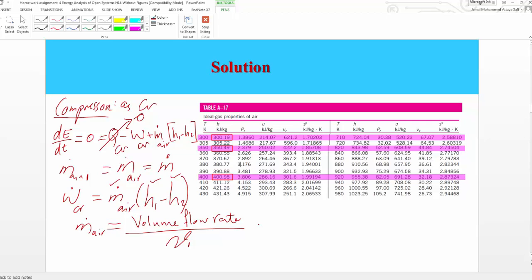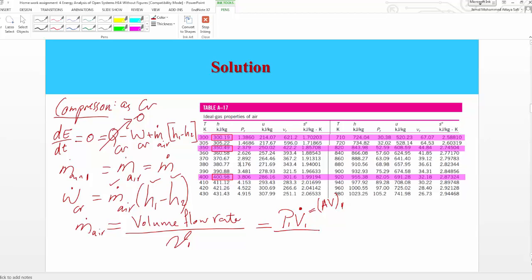And that is P1 V1 dot, and I'm talking about, again, the volume flow rate. Please, because we have a problem with which symbol to use for the volume flow rate, always remember this is V1, but I write it here as the volume flow rate, although we don't use it here.